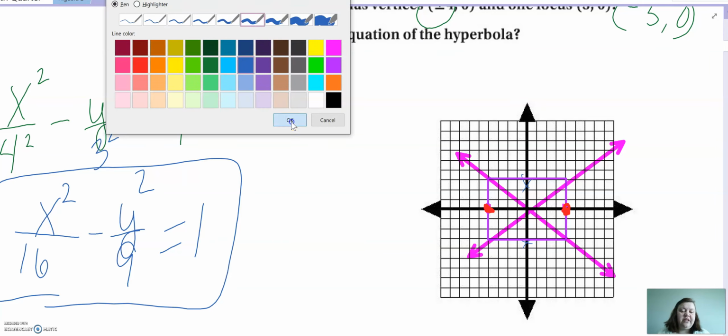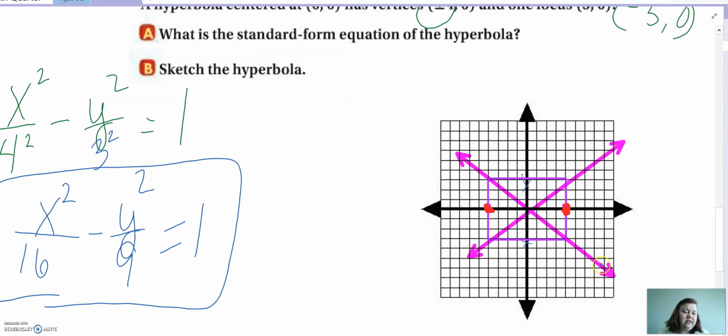You just want to try to make sure that you don't touch these lines here. Remember, they're fences. They're keeping our hyperbola in place. So I'm going to go ahead and draw that in. Then I'm going to repeat for the other side. Okay. And so our hyperbola would look something like this.